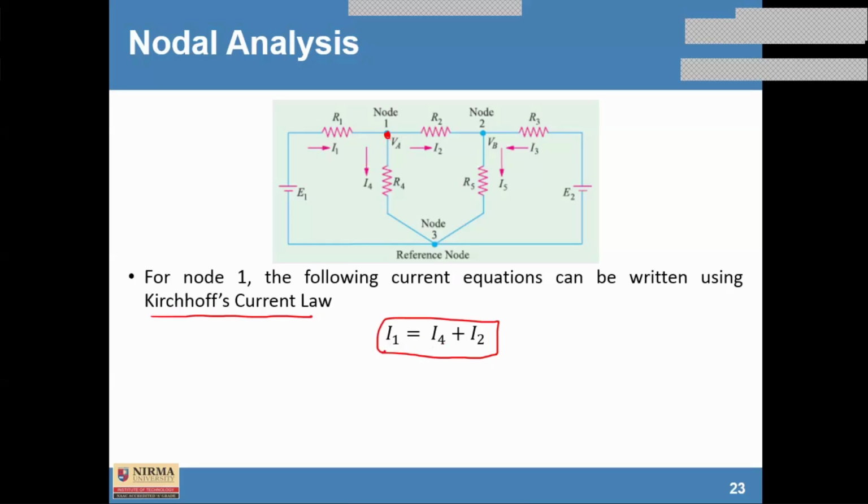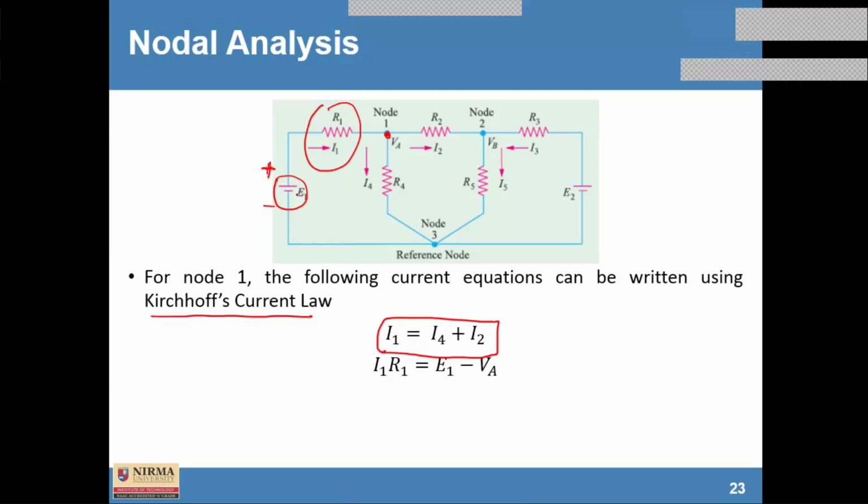Now, similarly, we can write another expression using VA and VB. Here we can also write I1 R1. So this is I1 R1. Here there is a potential like this, so we can consider E1 as positive in the direction.